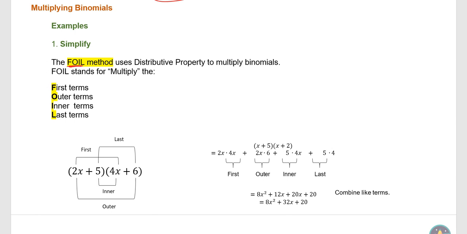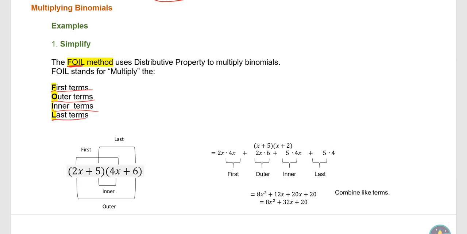FOIL stands for the order by which you should multiply binomials together. The F stands for multiplying the first terms, and then the outer terms, and then the inner terms, and then the last terms. Let's see what this means.